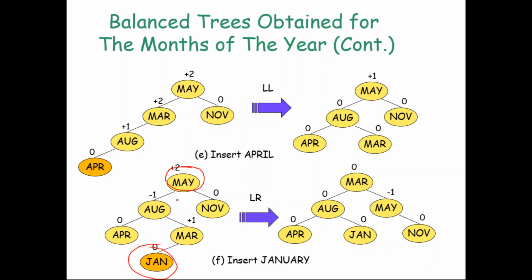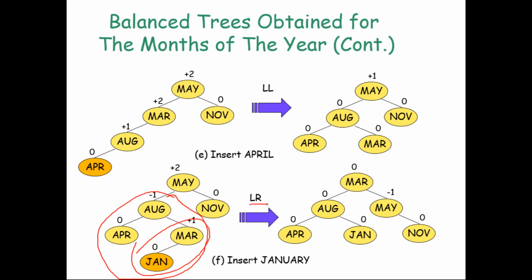Jan is coming in the left subtree of May, the new node which created the unbalance in May. But in the left part of May, it is coming in the right side. So this is called LR.